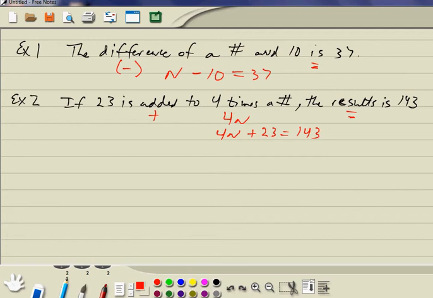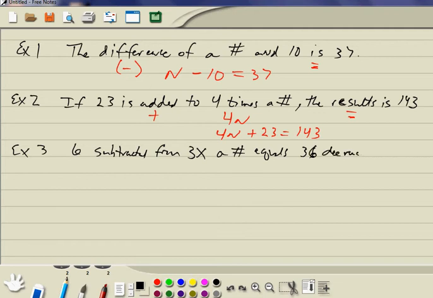All right, example number 3 says 6 subtracted from 3 times a number equals 36 decreased by 4 times the number.